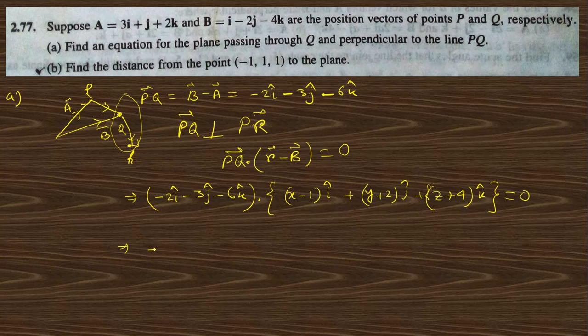So this will be nothing but 2 times (x minus 1) plus 3 times (y plus 2) plus 6 times (z plus 4) equals 0, and this is nothing but 2x plus 3y plus 6z minus 28.